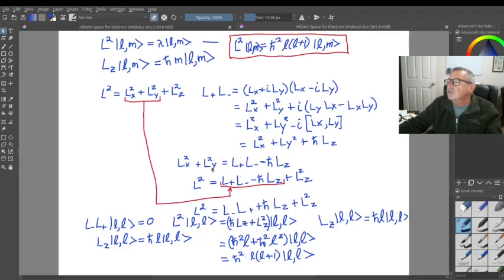Lx squared plus Ly squared is equal to, if we transpose this equation around a little bit, ladder up times ladder down minus h bar Lz.